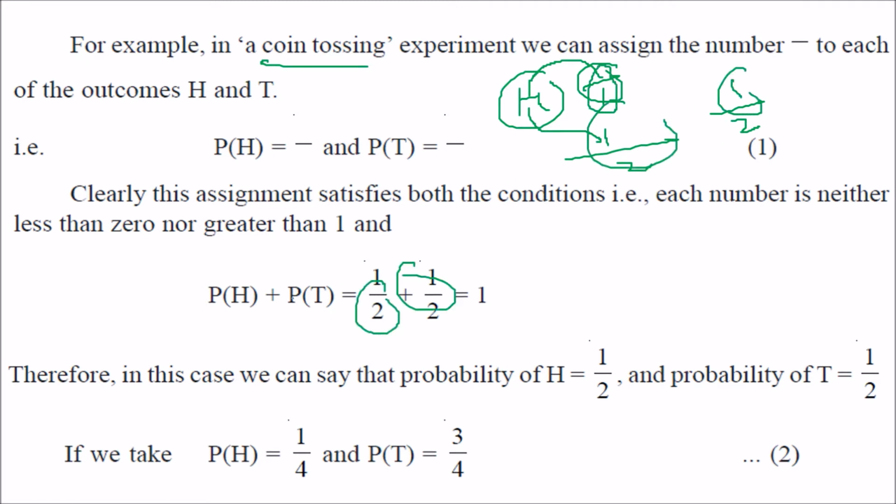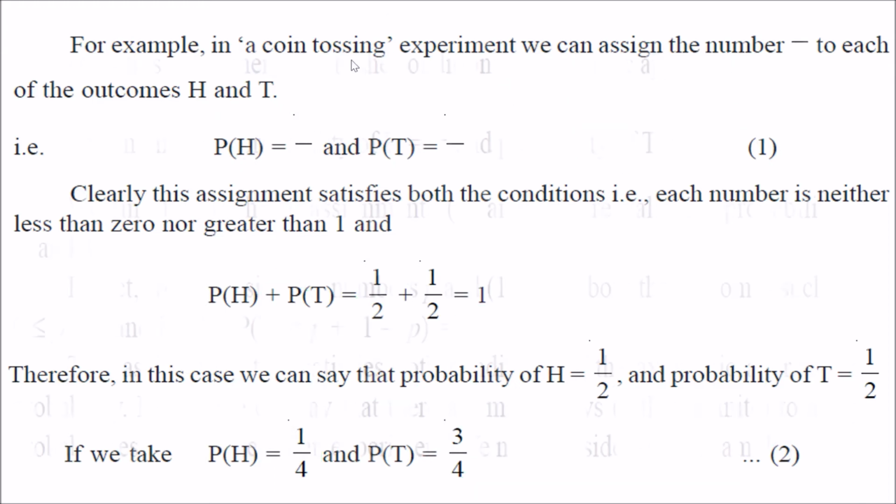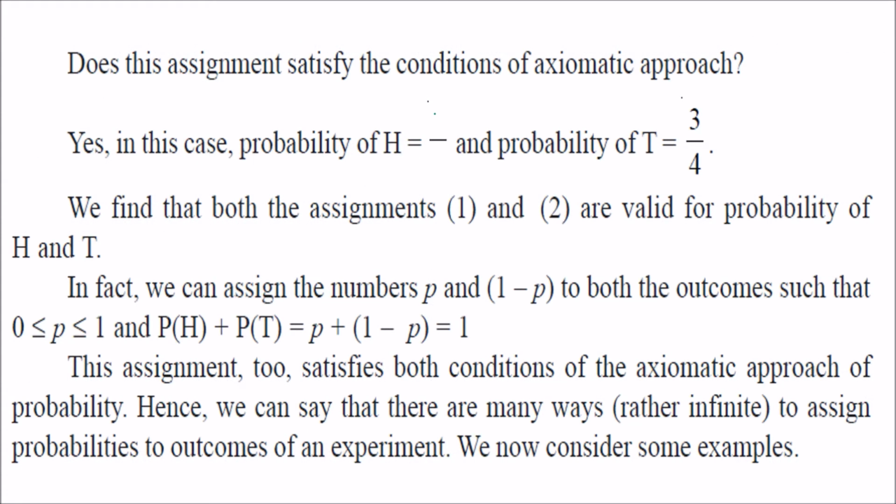If you combine them, P(H) and P(T), it will be equal to 1. What if we assign P(H) as 1 by 4 and P(T) as 3 by 4? This is also true, no problem, because 1 by 4 plus 3 by 4 is again 1. This actually abides by what we have learned in the axiomatic rules.